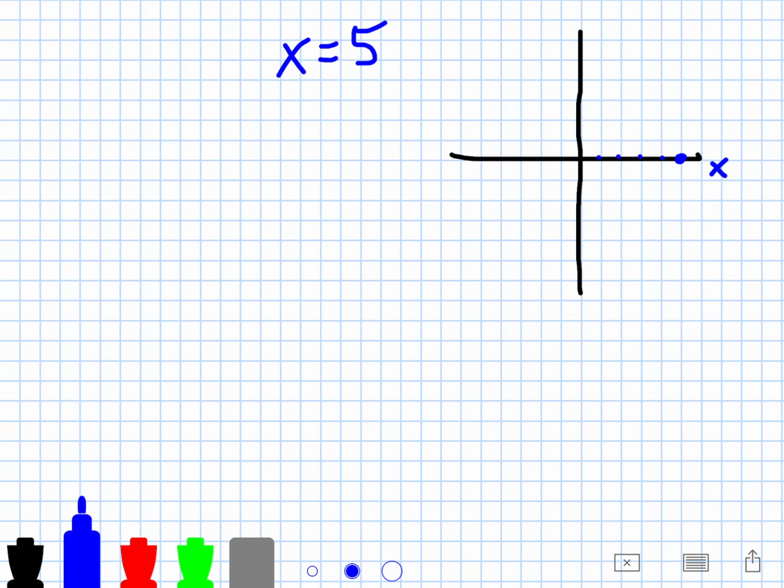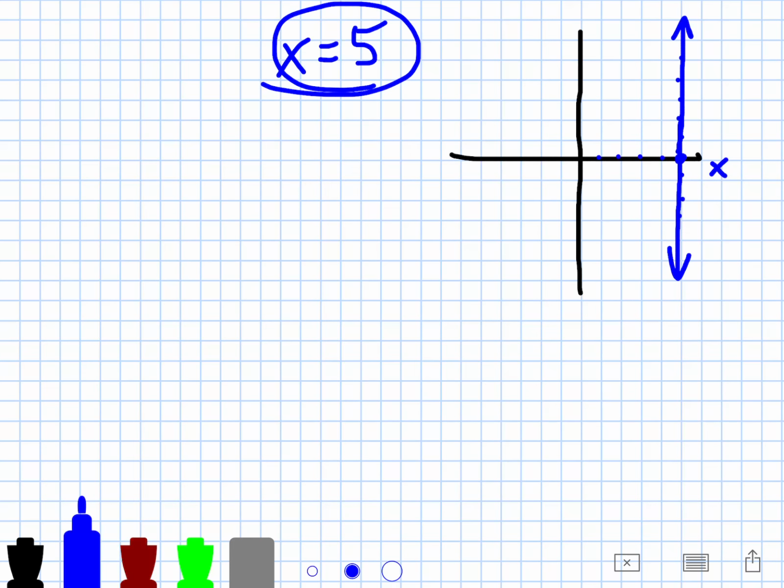This is (5, 0), (5, 1), (5, 2), (5, 3), (5, 4), (5, 5), (5, -1), (5, -2), (5, -3), and I can say, oh, I see a pattern here. All of my parts where x is 5 are right here. It's this up and down line. And I can remember it's an up and down line because it's not a function, right? Not a function, can be graphed.